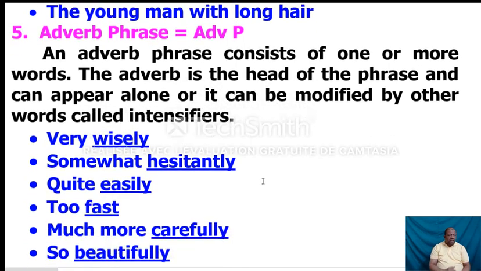Number 5, adverb phrase, AdvP. An adverb phrase consists of one or more words. The adverb is the head of the phrase and can appear alone, or it can be modified by other words called intensifiers or pre-modifiers.